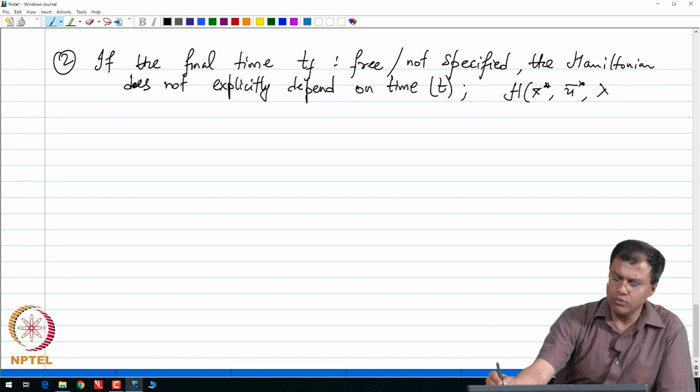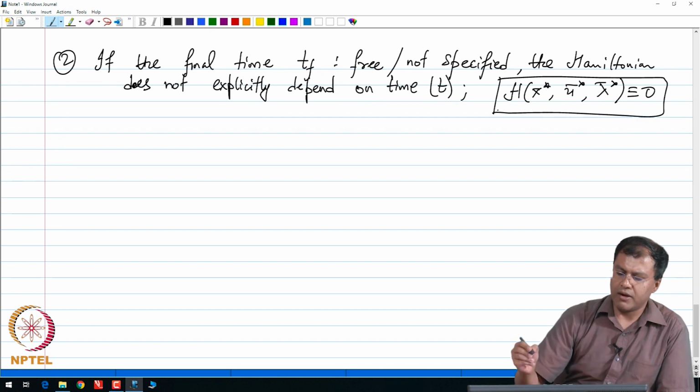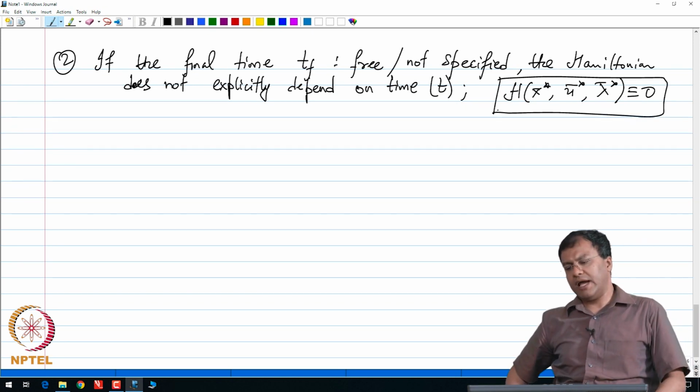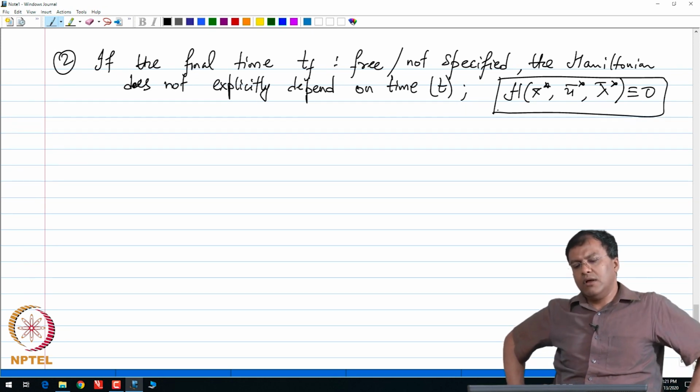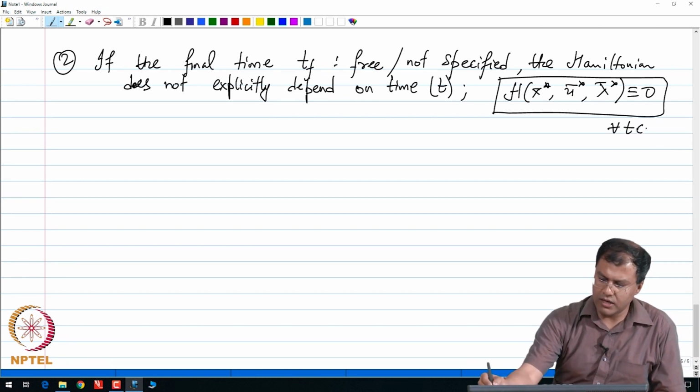So, that is a new observation to be noted, right. So, if my final time is not specified, my H becomes identically equal to 0, that comes from the natural boundary condition that we had derived. Okay. This is for all t from T0 to Tf.